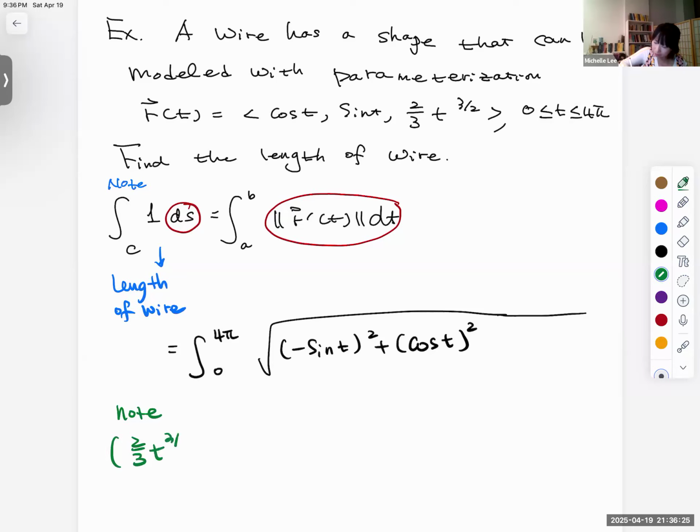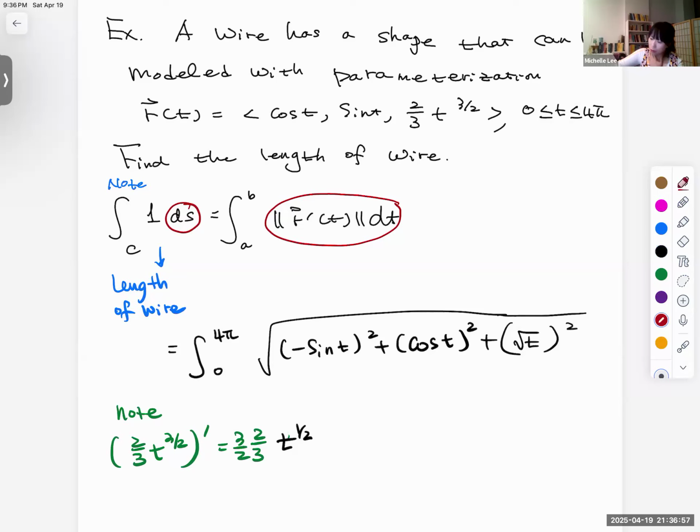Derivative. So we have 2/3 times 3 over 2, and we have t to the power reduced by 1, 2 over 2, so 1/2, right? Then there will be plus square root of t, and then square them, right?